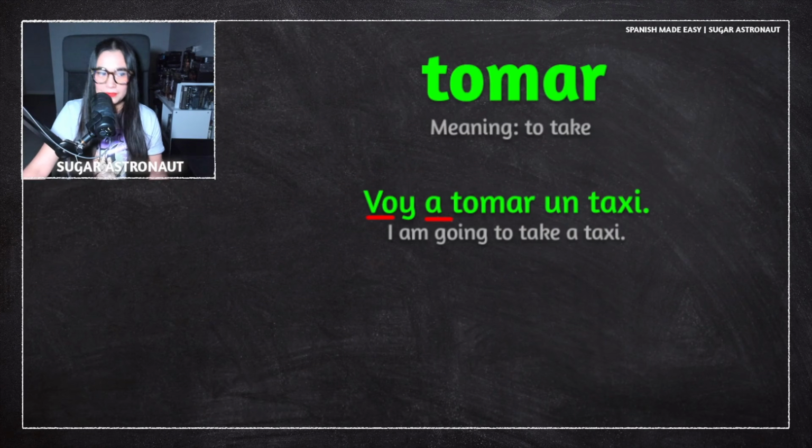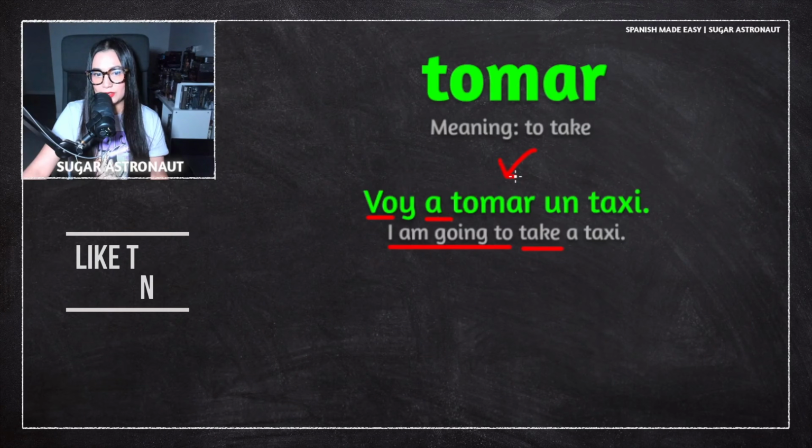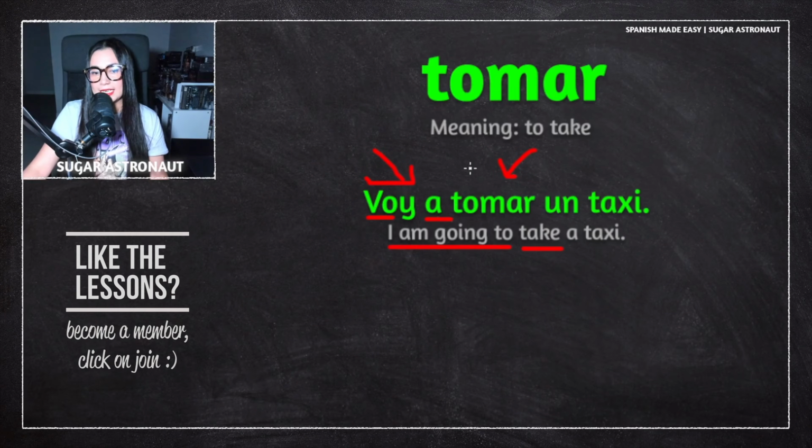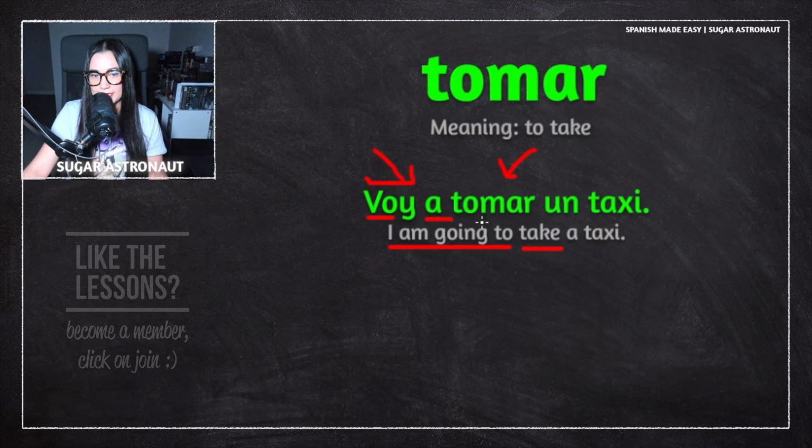Okay, voy a is a common phrase that means I'm going to do something, okay? Voy a comer. I'm going to eat. Voy a trabajar. I'm going to work. Voy a tomar. That means I'm going to take. Okay, so the common thing to do after saying this phrase, voy a, is you can have a verb right after the phrase.